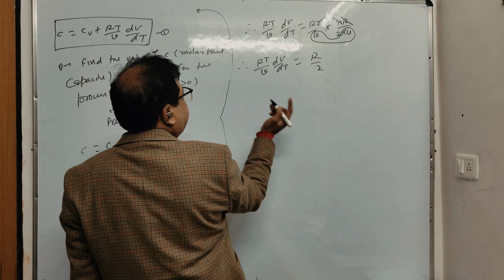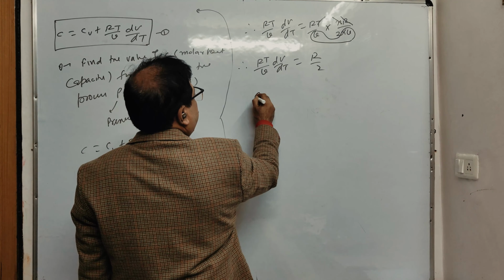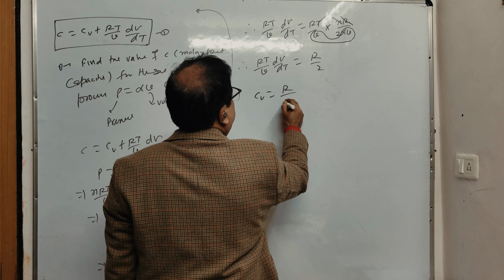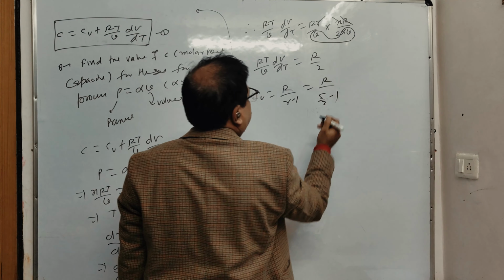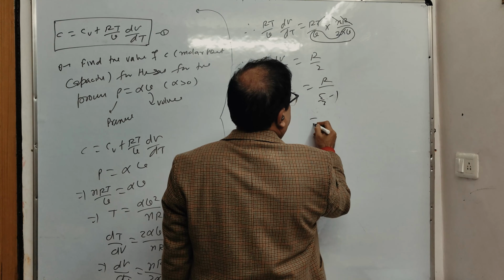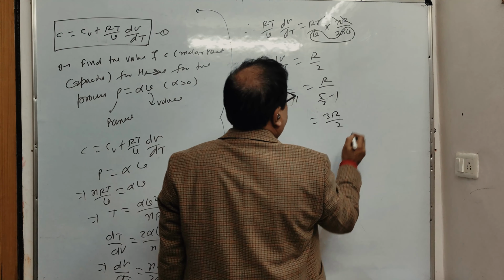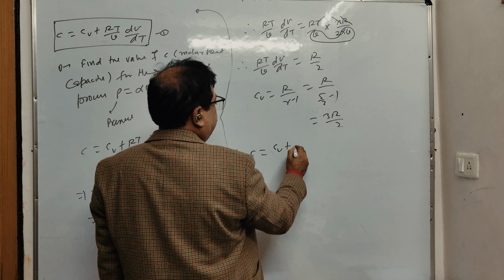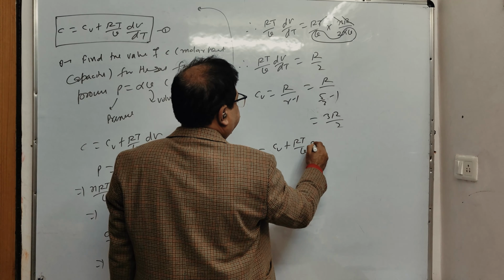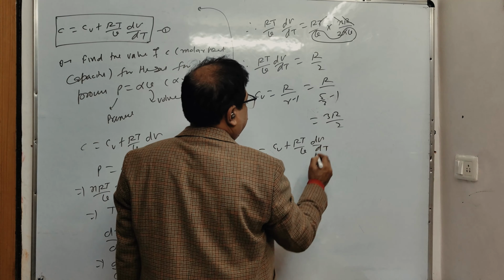Since the gas is helium, Cv is equal to R by gamma minus 1, so R by 5 by 3 minus 1. This is nothing but 3R by 2. Therefore C is equal to Cv plus RT by V dV by dt.